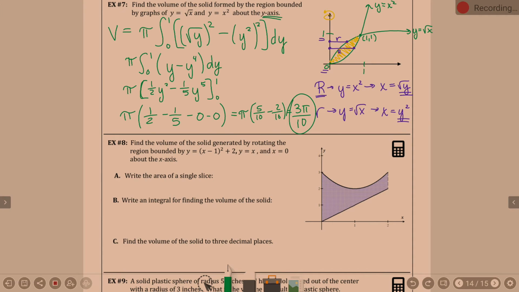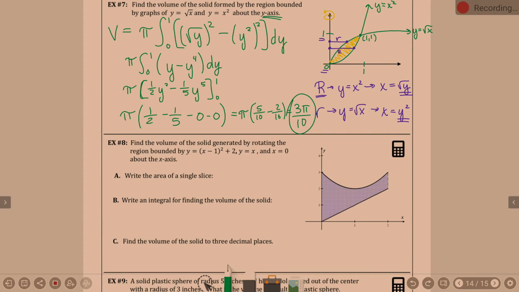Example 8. Love it when they already give us a picture. Find the volume of the solid generated by rotating the region bound by y equals (x minus 1) squared plus 2 and y equals x and x equals 0 about the x-axis. I feel like technically they never told us this too.